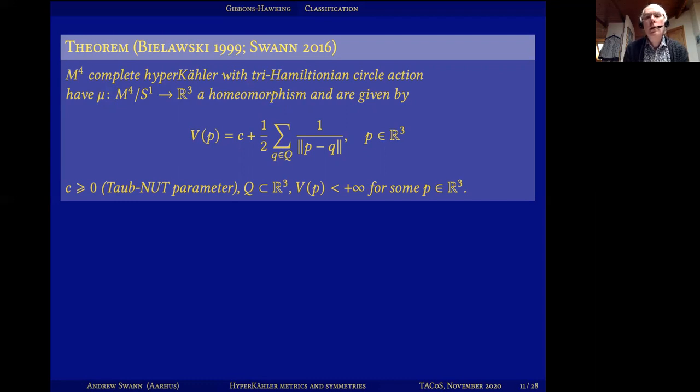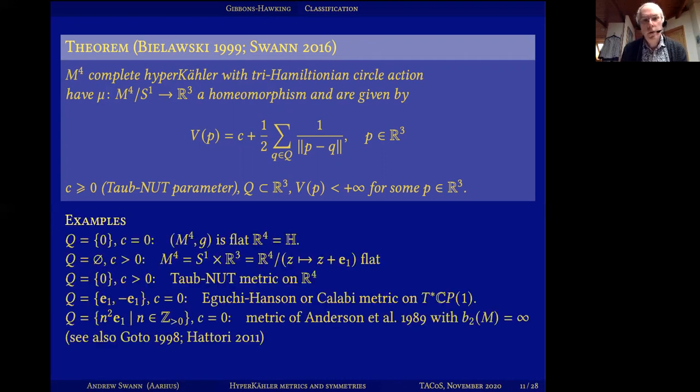And conversely, any sum of this form actually defines such a complete hyperkähler metric with circle action, under the very simple condition that there is just some point P in R3 where it converges. So in Bielawski's case, his finite topology condition just gave finitely many fixed points, so there was no convergence criterion, but it turns out this is the general statement.